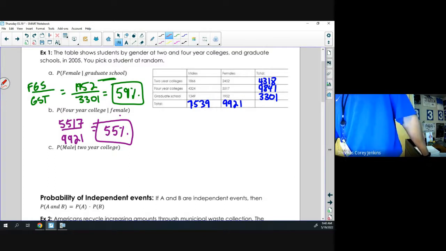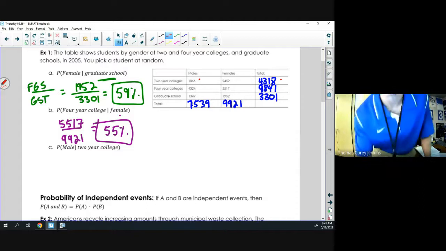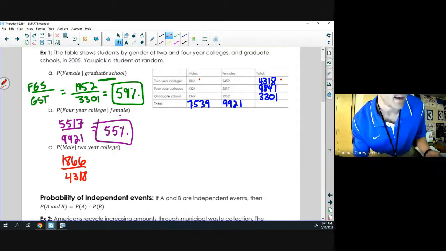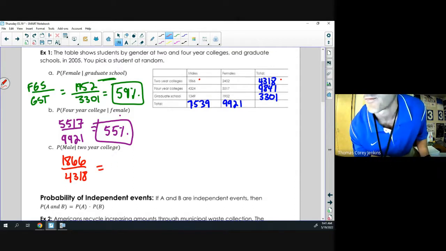Yeah, 4,318. And if that's my denominator, what would my numerator be? 1866. That's right. So we want to do 1866 out of 4,318. So you guys are getting it. That ends up being about 25%.